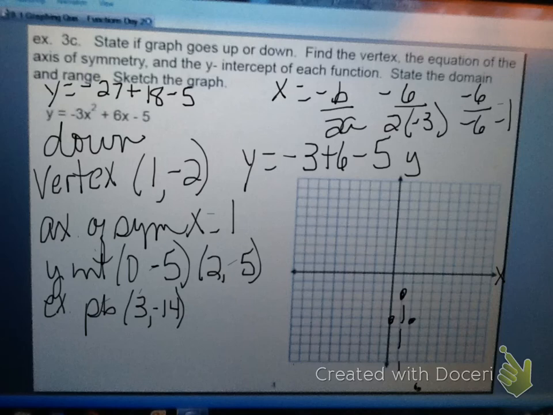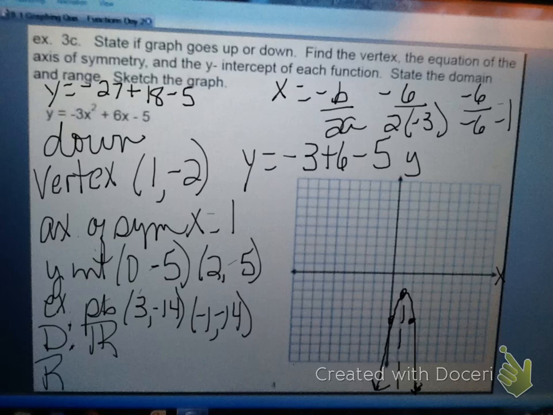And the corresponding point would be (-1, -14). Domain is all real numbers, and your range, your y value, all your points are below the vertex, so that's y is less than or equal to the y value of your vertex, which is -2.